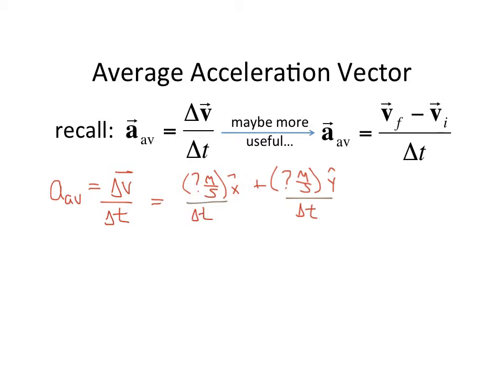We know how to subtract vectors using unit vector notation. We know how to add them too, but these are being subtracted here. So all we need to do is subtract the x hats and subtract the y hats, and we have something that looks like this. Just divide it by our change in time, or our elapsed time, and we then have our average acceleration.